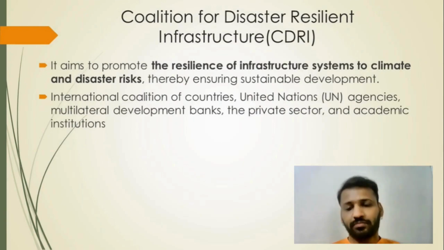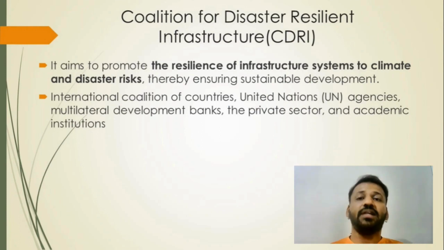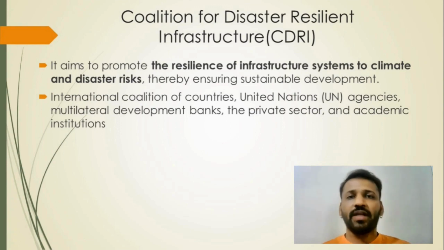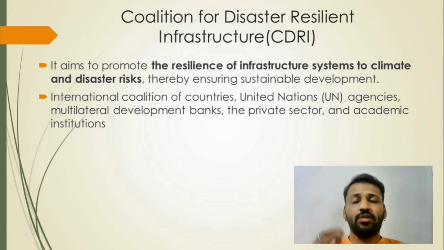Next important is the Coalition for Disaster Resilient Infrastructure. Again, the initiative was taken by the Prime Minister of India. Under this initiative, developed and developing countries, UN agencies and banks come together and develop infrastructure that will be resilient to disaster.